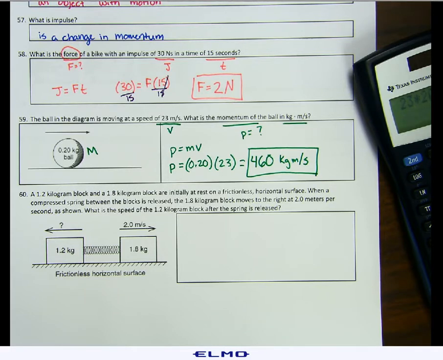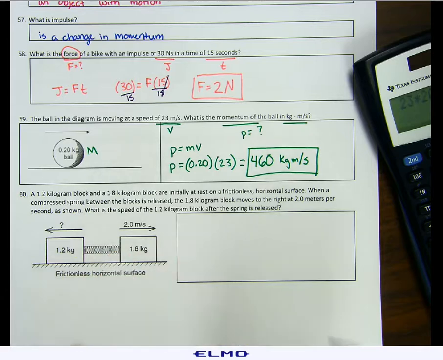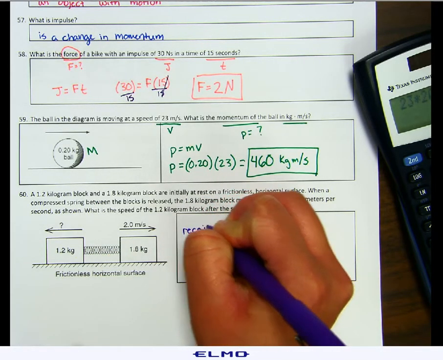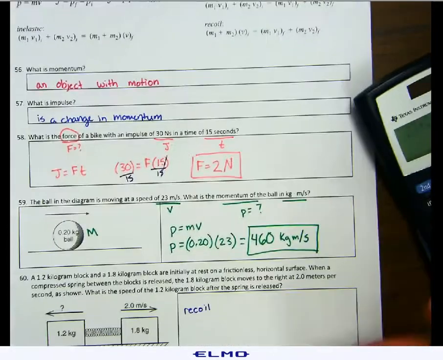So this sounds to me like it's a collision problem. We have 2 blocks at rest on a frictionless surface. Then a spring between them is pushing them apart. So they're together, then they are pushed apart. So this is going to be a recoil, which means we're going to be using our recoil formula.